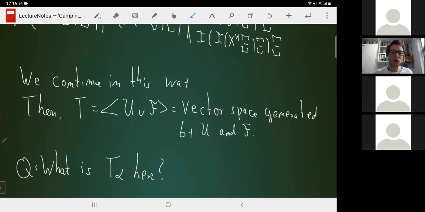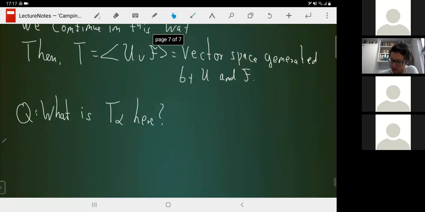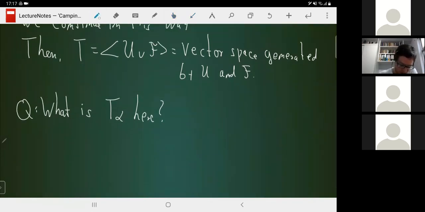In this case, of course, you could choose whatever you want. If you're not interested in applying this, nobody can forbid you to do this. But if you're interested in applying this, then you shouldn't choose whatever you want, but make smarter choices. So how to do this in a smart way?